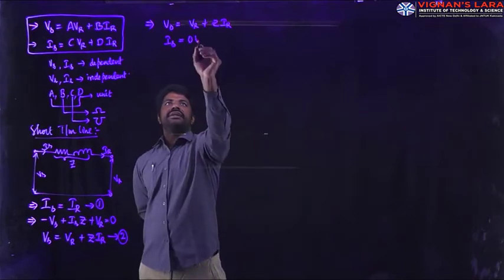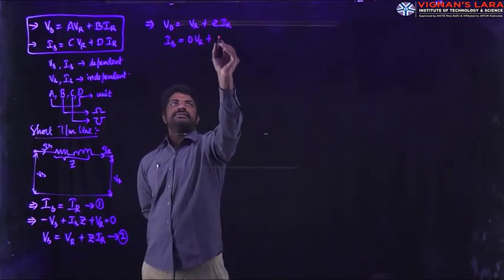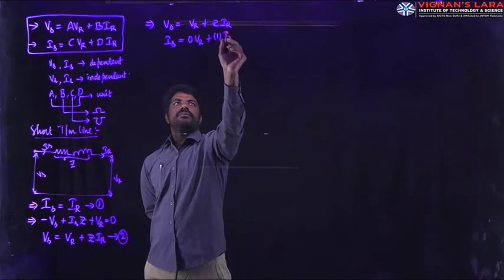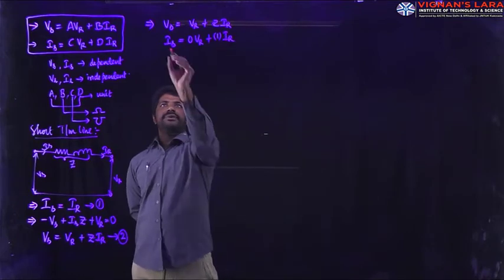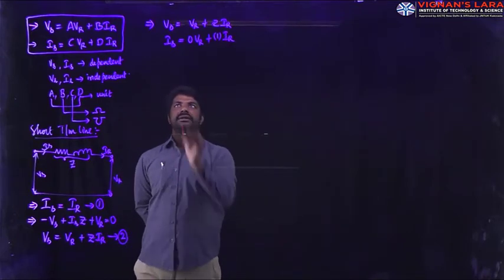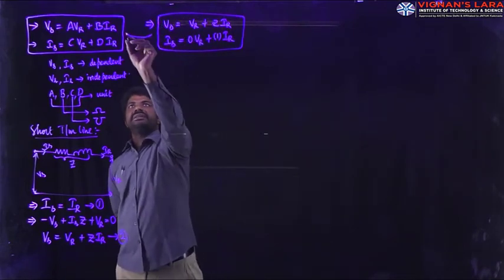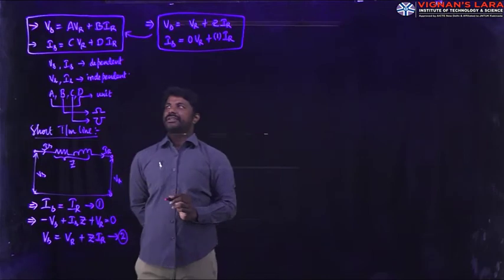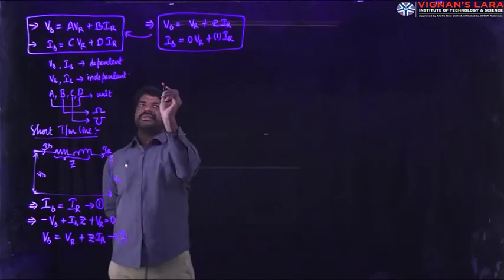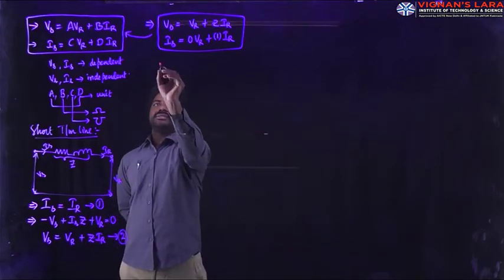Thereby the coefficient here is 0 plus 1 into IR. I mean to say Is is equal to IR. So comparing these short transmission line equations with the generalized characteristic equations, the ABCD constants are obtained for the short transmission line.